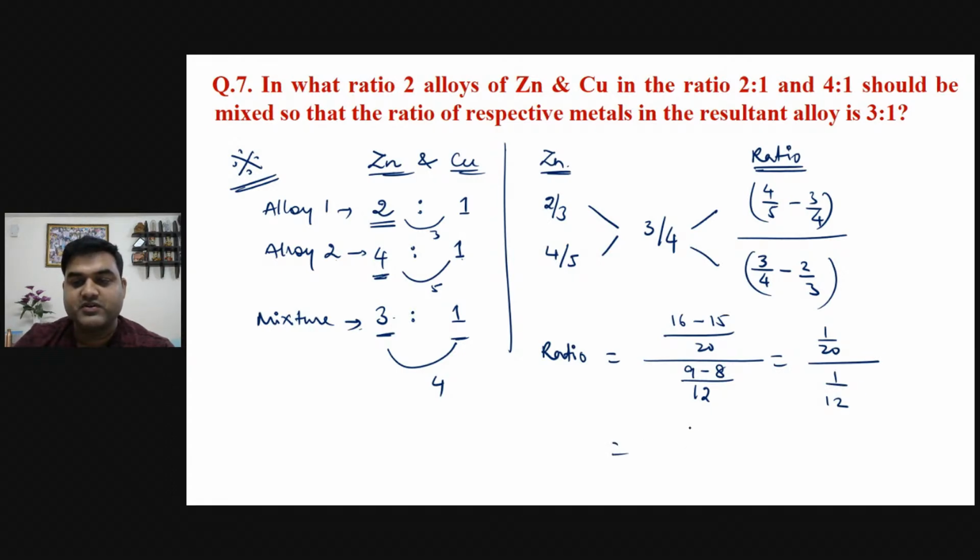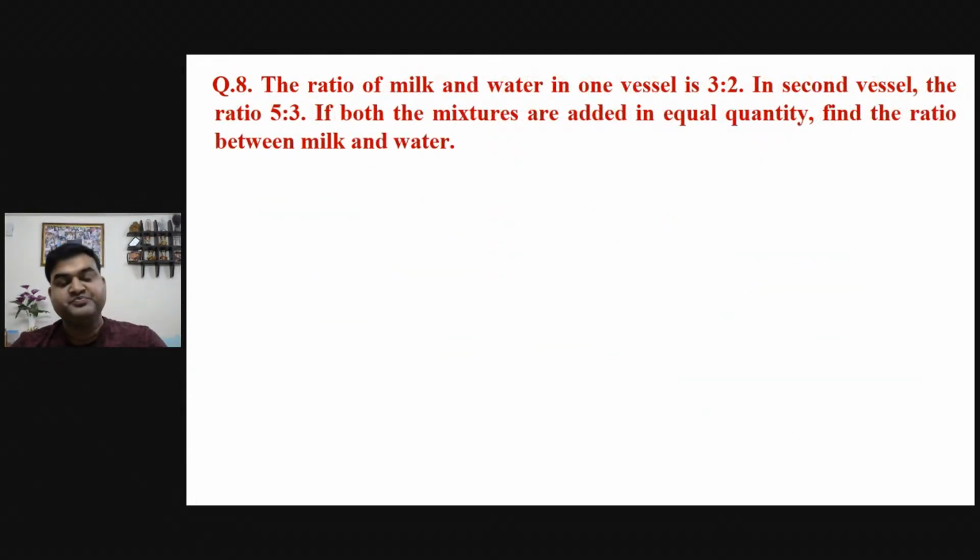This 12 goes here and this 20 comes here, so 12 by 20. Correct? 4 threes are 12 and 4 fives are 20. So the ratio is 3 is to 5, that is the answer. Got it? 3 is to 5 will be the answer.